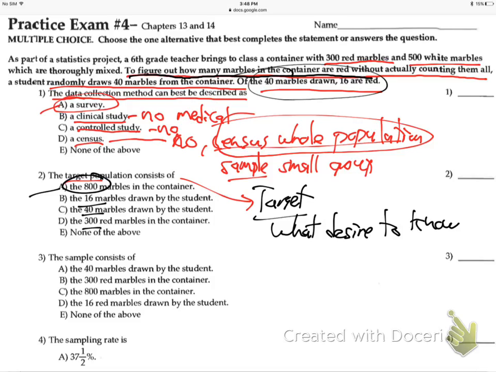Now you might think, well, they just want to know about the 300. Well, they don't know that. They go in thinking, I want to know about this whole container of 800 marbles, how many of them are red. It's A again. Does that make sense? It's a little subtle. It fools people a lot on that.